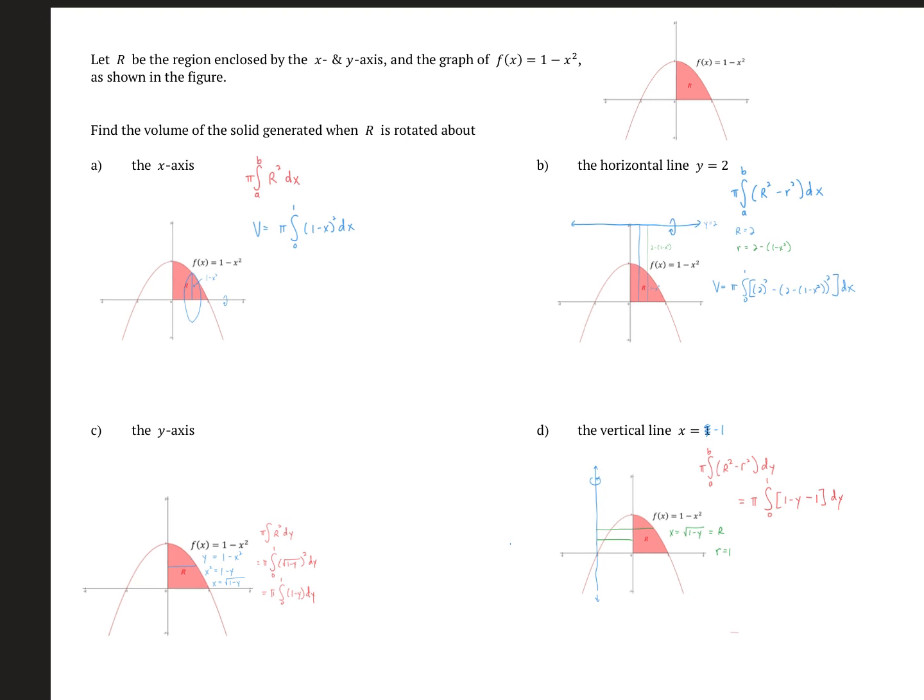Okay, so now you can see the two problems where you have gaps. That's when you use these formulas here. And when you rotate around either the x-axis or something parallel to the x-axis, it'll be in terms of x. When you rotate around the y-axis or something parallel to the y-axis, it'll be in terms of y.